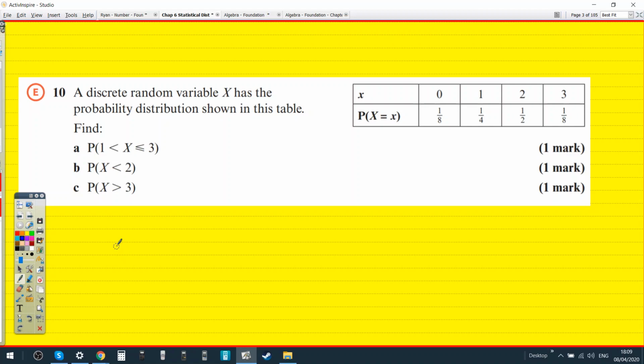So is it the probability that x is 2 and 3? Well done. So you write the symbol and then a half. No. Just what's the probability x is 2 or 3? A half and 1/8.